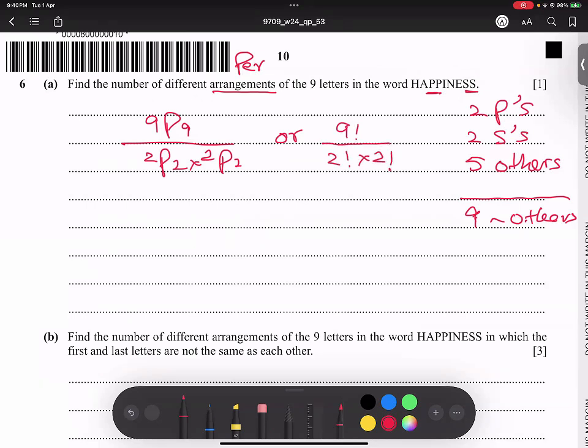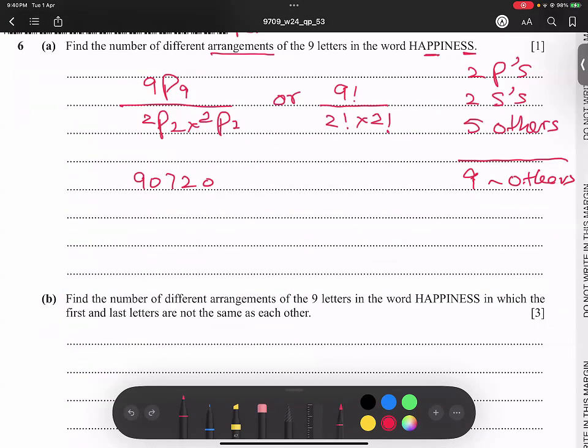Anyway, this is our answer for this part. If we check it, 9 factorial divided by 2 and divided by 2, we get 90720. I hope this part is very clear, because the basic criterion when we have repeating values is that we always divide: 2 P's, that is by 2P2, and 2 S's likewise.